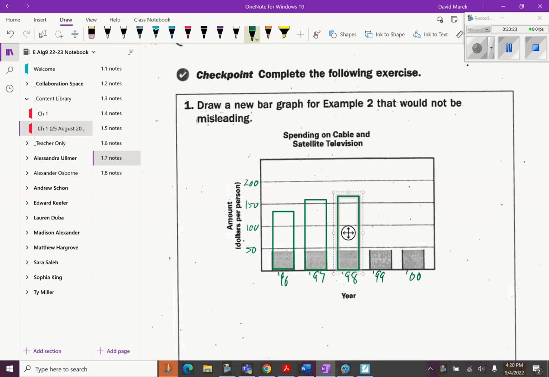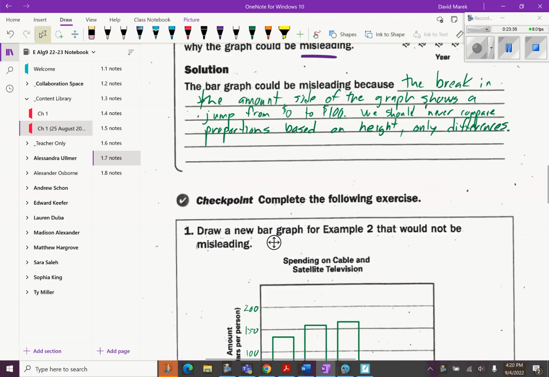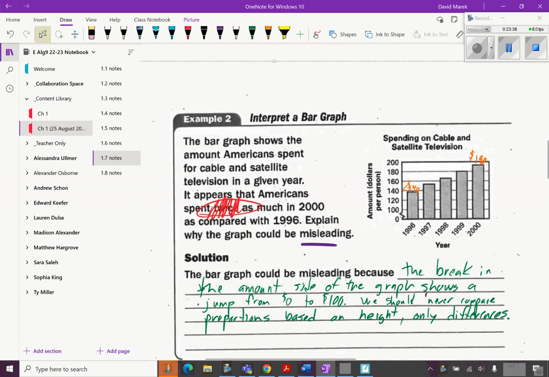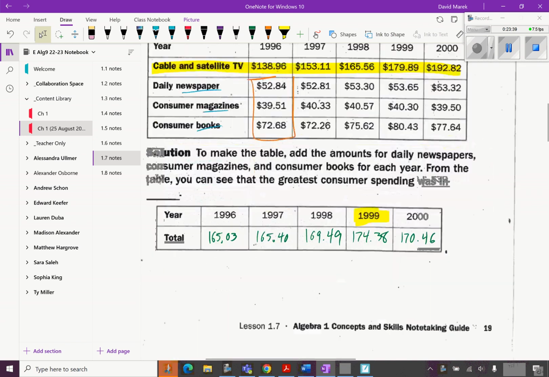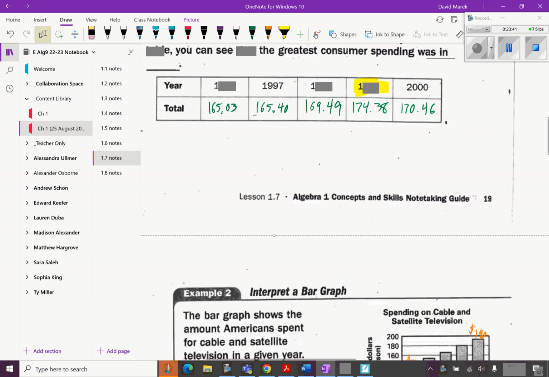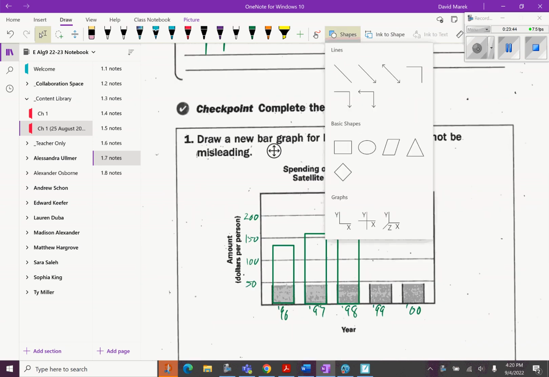And again, with my scale here, I'm not so much worried about being able to completely nail the 165.56. I want my graph to show that it was in fact an increase. The next year, 179.89, so almost 180.